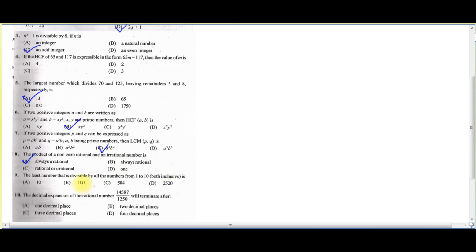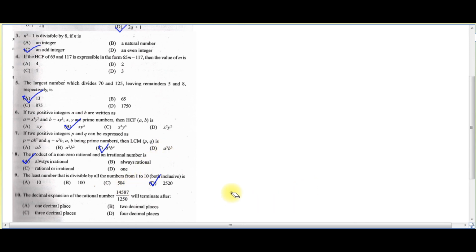The second, 100, is not possible because 3 into 33 is 99, so 100 cannot work. For 504, it is not divisible by 5, so it cannot work. The last number, 2520, when we check it, works for everything, even for 9 and 10. So this value is correct.